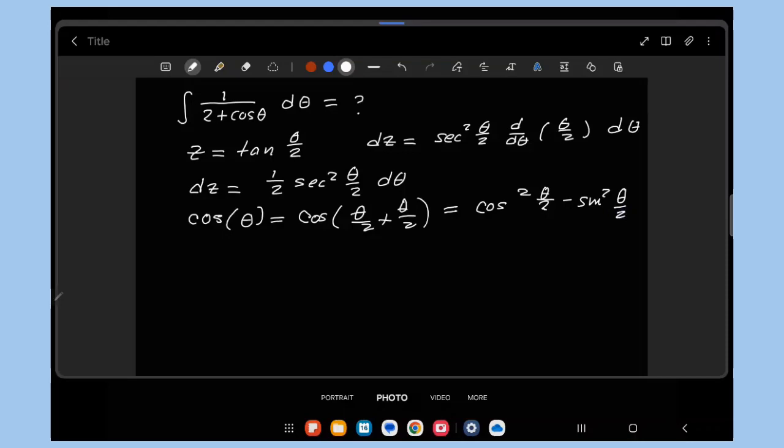Now, let's take that cosine squared minus sine squared and divide and multiply by the cosine squared of theta over 2.